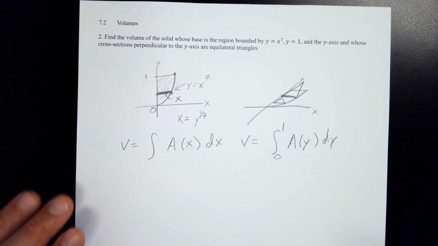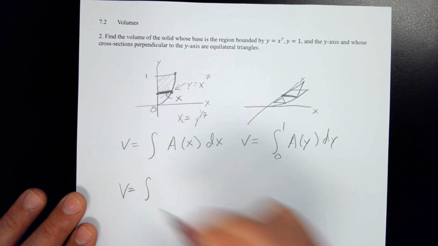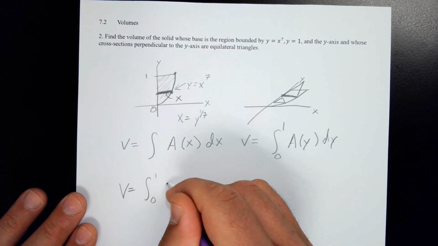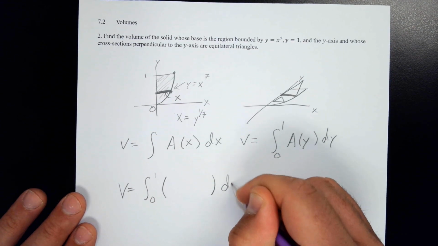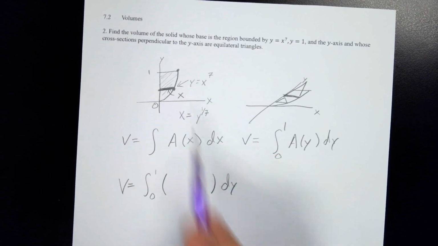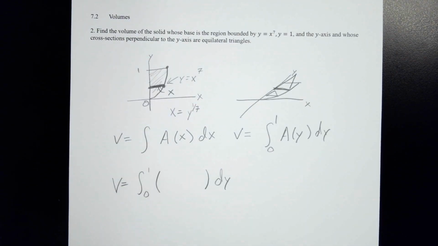So my formula is going to be the volume equals the integral from 0 to 1 of some function with respect to y. And I know that this distance right there is x, or y to the 1/7.